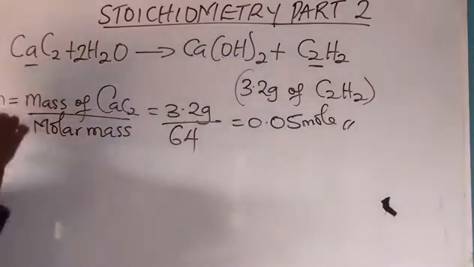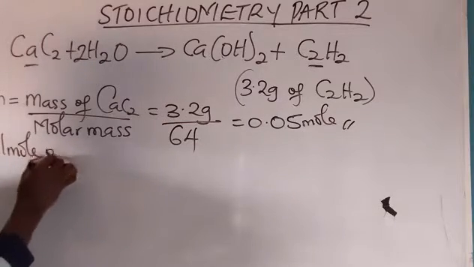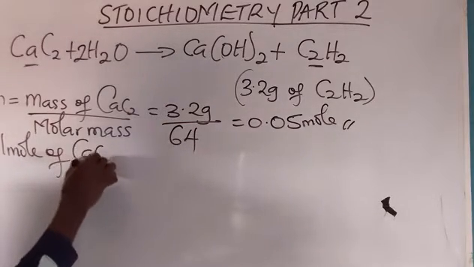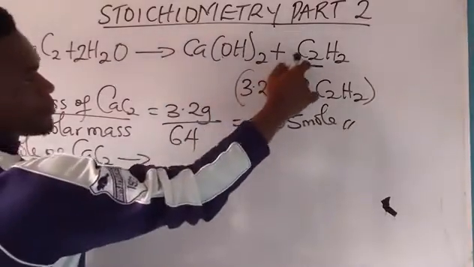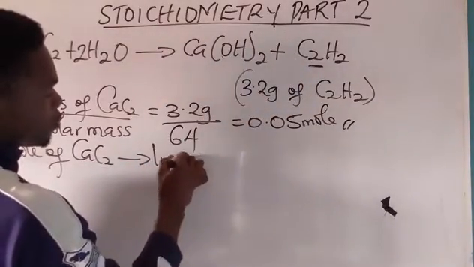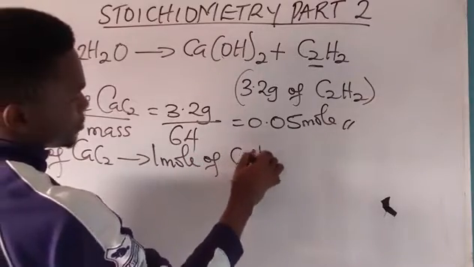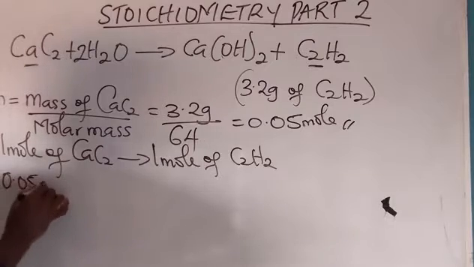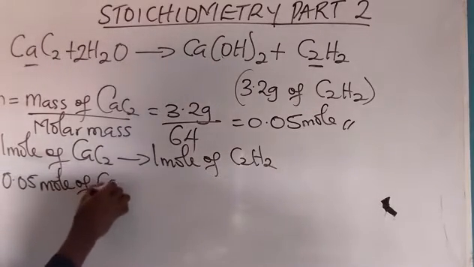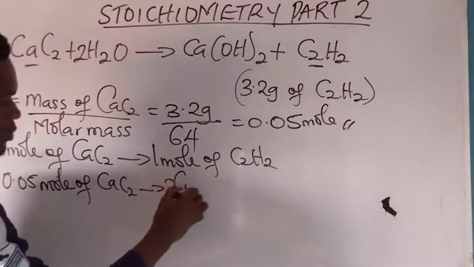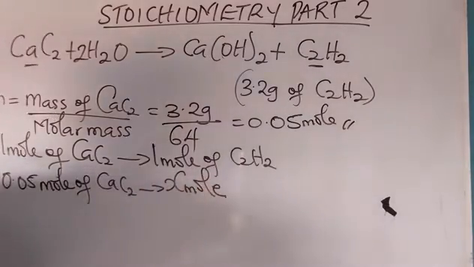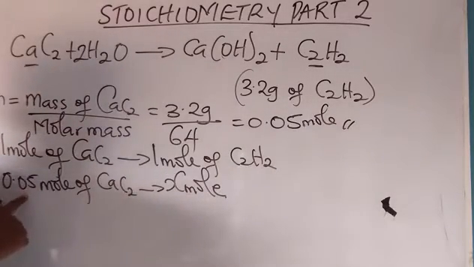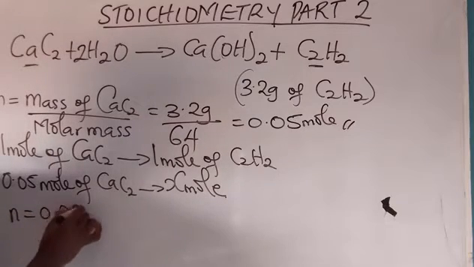It therefore means that one mole of calcium carbide will produce one mole of ethyne. So 0.05 mole will produce how many moles? X mole. You cross multiply. Therefore, the number of moles is 0.05 mole.